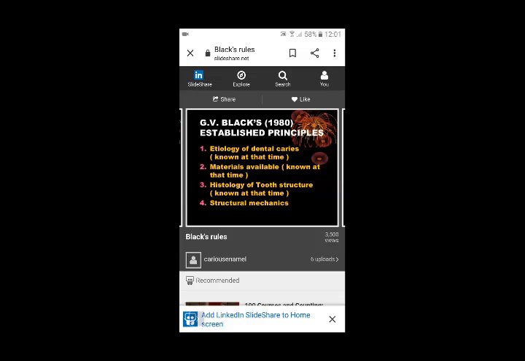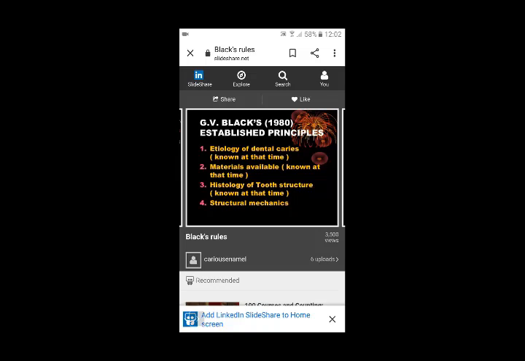And amalgam is still enjoying its highest properties when we discuss the reconstruction of the tooth. It is an ideal material till today, but he designed this cavity only for amalgam. At that time, no other material like glass ionomer, composite or other cements were available.